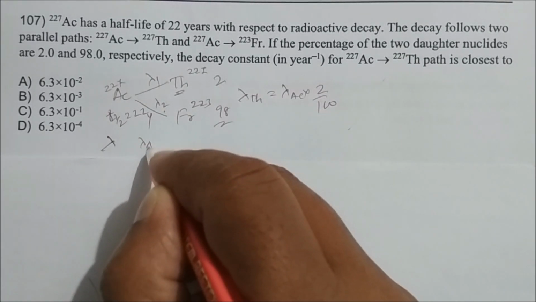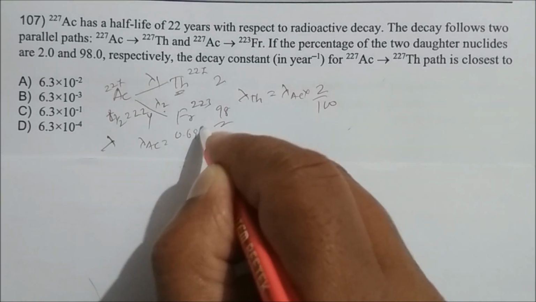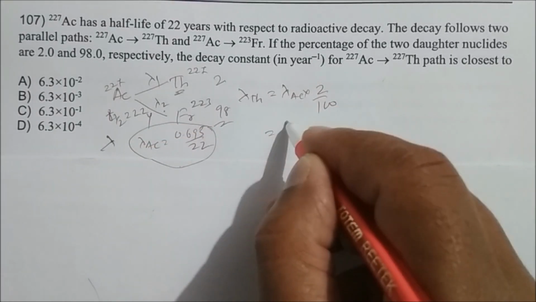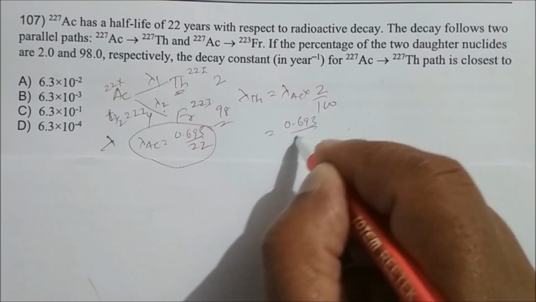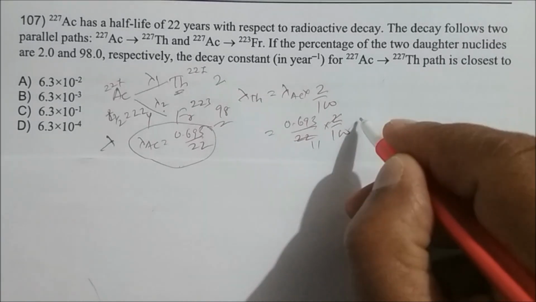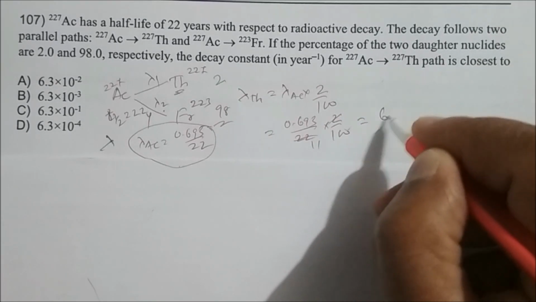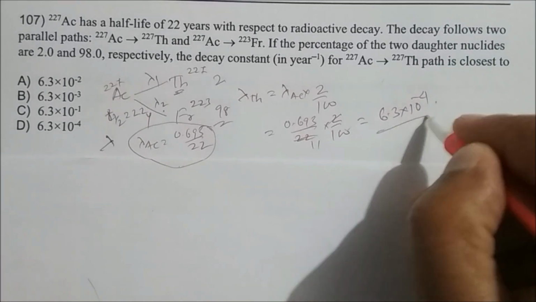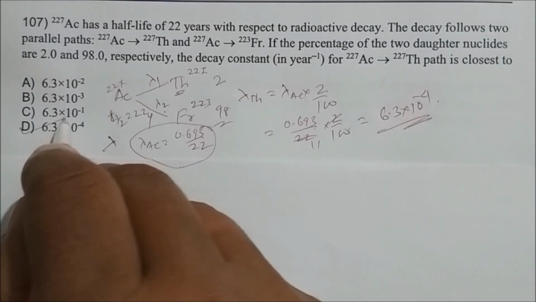Lambda of actinium is 0.693 divided by 22 years. This half-life is given, we can substitute this value. So 0.693 divided by 22 into 2 by 100. If you solve it, you will get 6.3 into 10 to the power minus 4. So this is per year. So if you see carefully, this answer is correct.